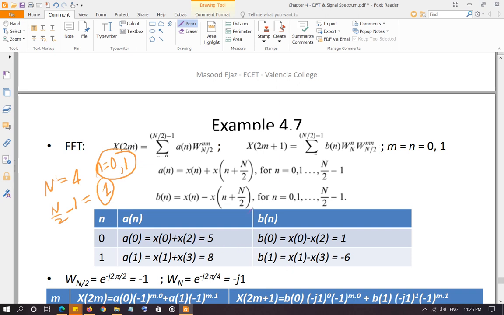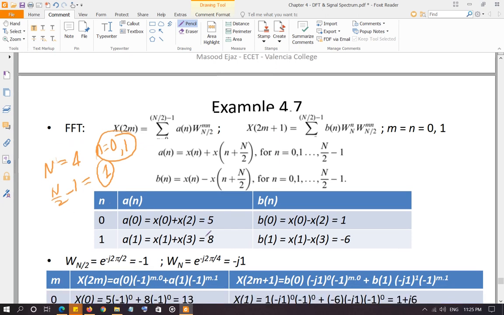And likewise, you calculated b naught and b1 by subtracting x of n plus n by 2 from x of n. So once you have an and bn, remember, even number components are the DFT of an with n by 2 points, and odd number components are the DFT of bn times the twiddle factor to the power n with n by 2 points.